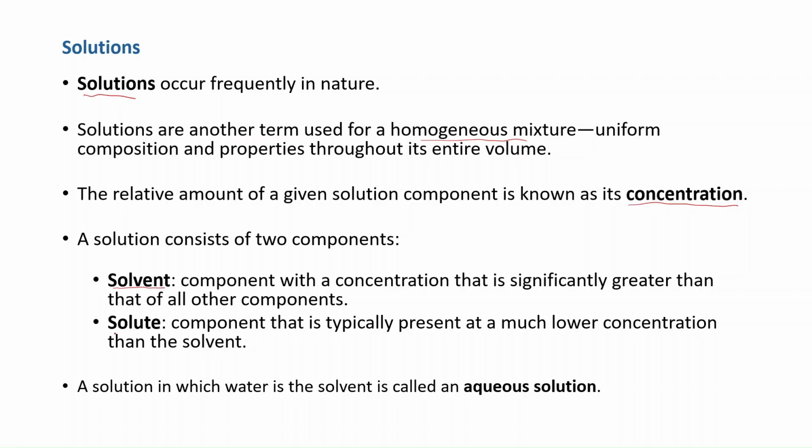The solute is the one that you have least of, there may be more than one, and you dissolve it into the solvent. So back to your sweet tea, you're going to have the components from the tea, you're going to have sugar, all of those are solutes. And anytime you have a solution in water, we call that an aqueous solution. And that's a term we're going to be using all the time, so be familiar with it.